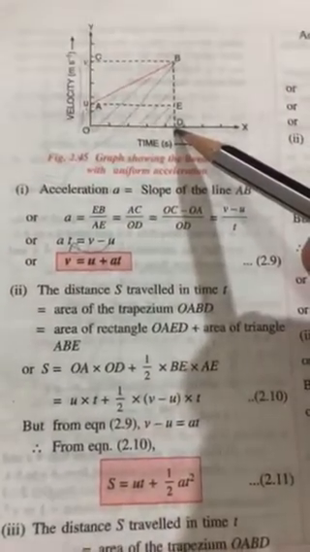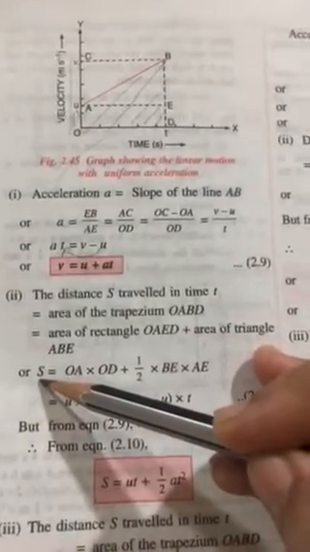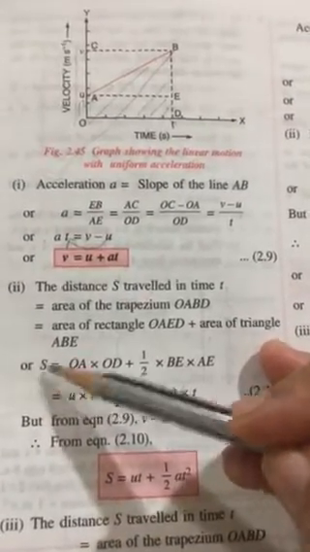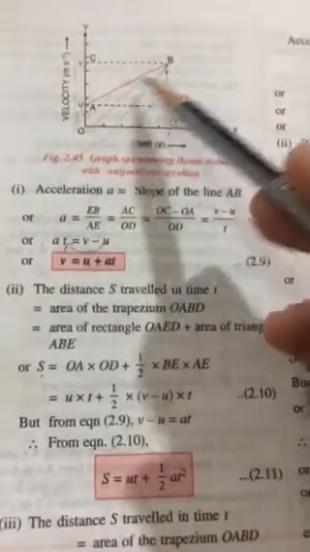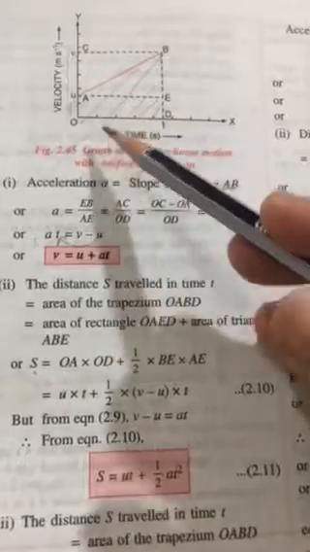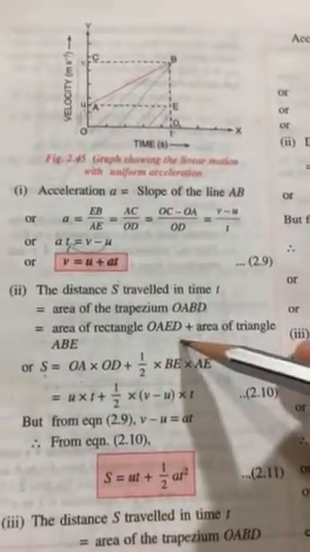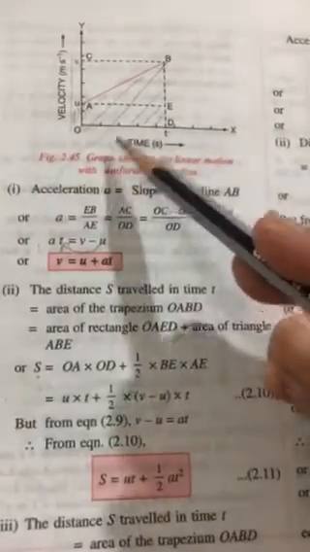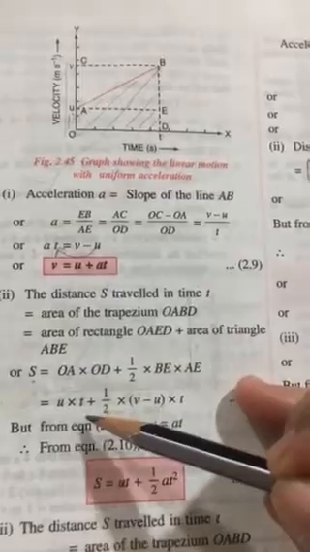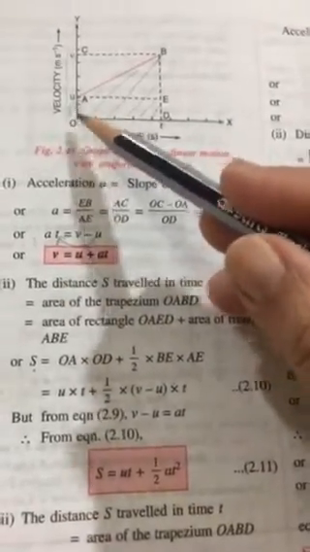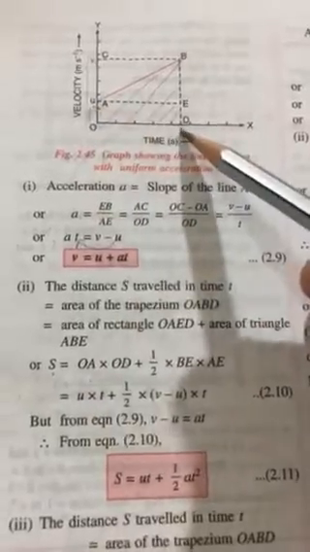So carefully have a look that total distance, which is always represented by the symbol S, is equal to area of rectangle plus area of triangle. Now area of rectangle OAED would be given as OA into OD, which is equal to U into T.